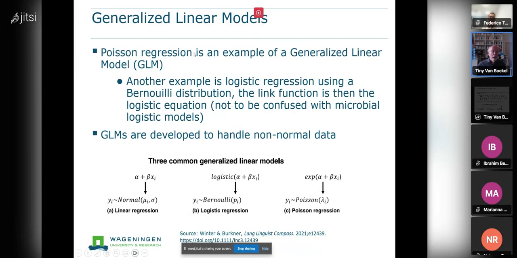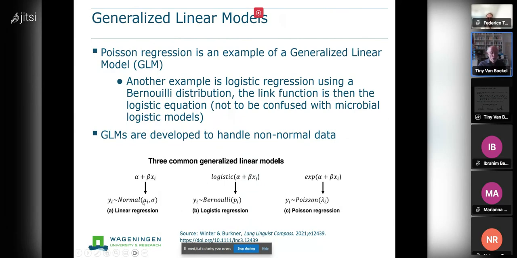And GLMs, generalized linear models, are especially developed to handle non-normal data. It is represented here from a paper that I really could recommend reading. It's not about our field of research, it's about linguistics, but it explains very well how Poisson regression actually works.